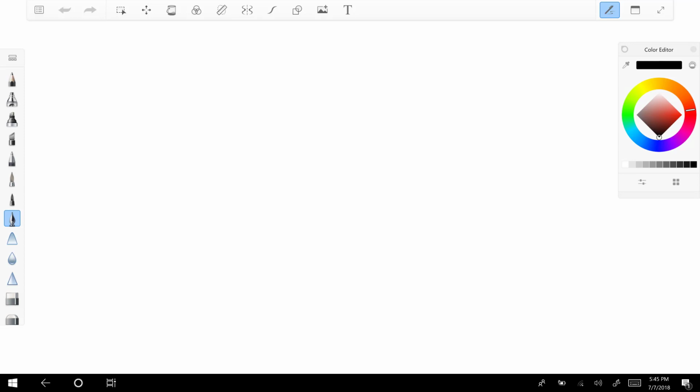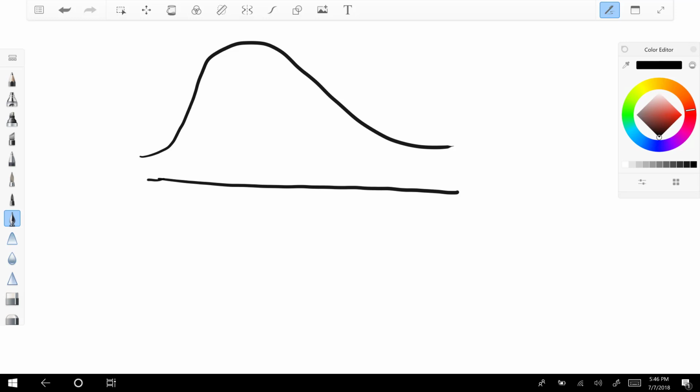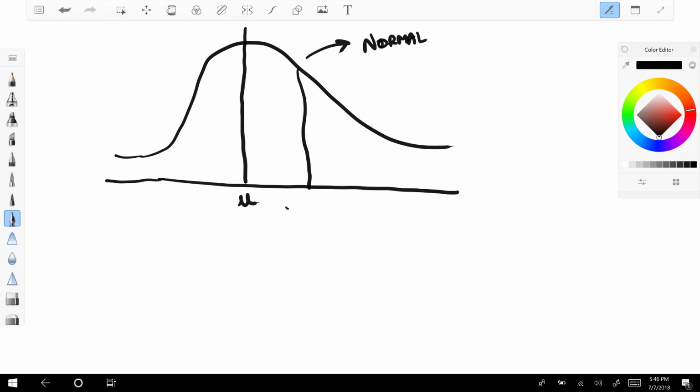If we have a normal distribution or a symmetrical curve, the center would be the mean, and then we have one standard deviation, which is mu plus 1 sigma, and mu minus 1 sigma.